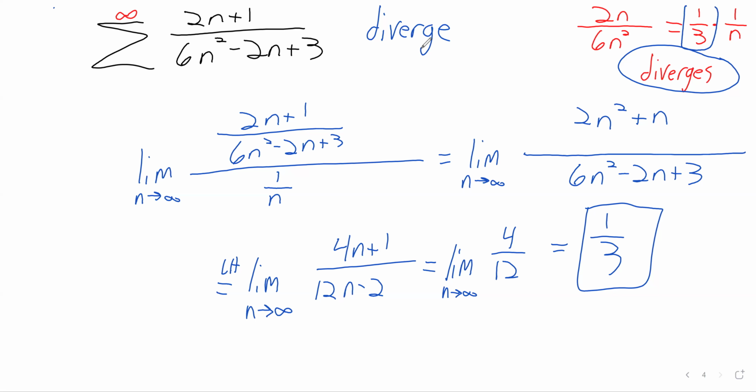I didn't really forget that 1/3. If I wanted to, I could have put it in. It would not have affected the outcome. We'd still have got a finite limit, and they still both would have converged or diverged together. Diverged in this case.